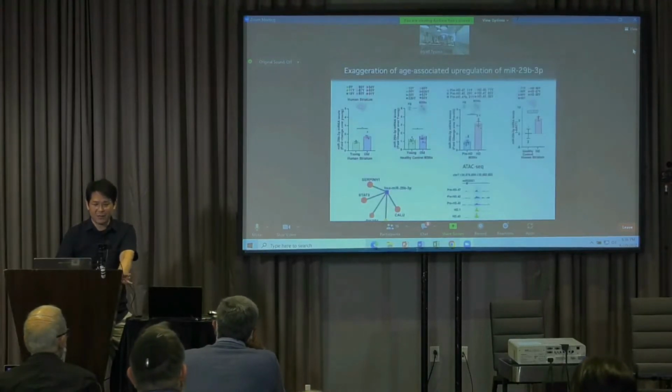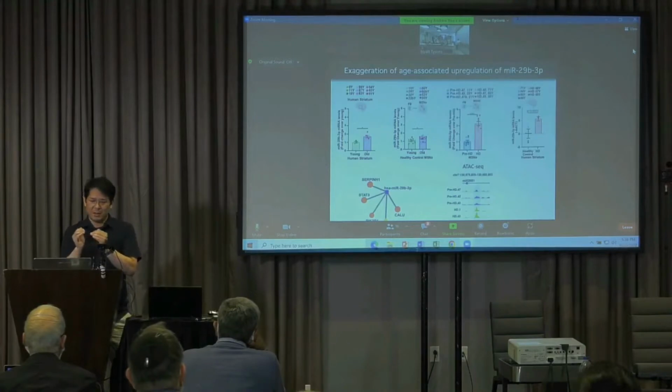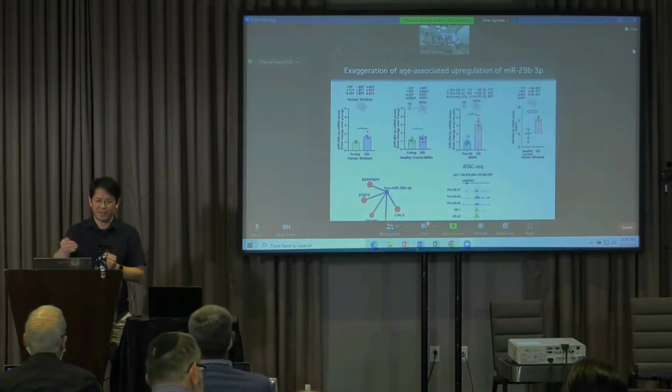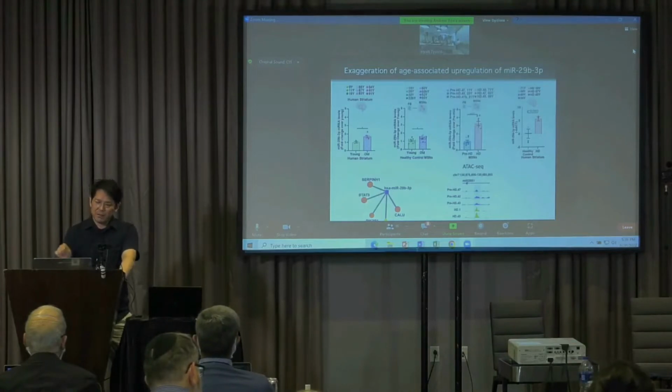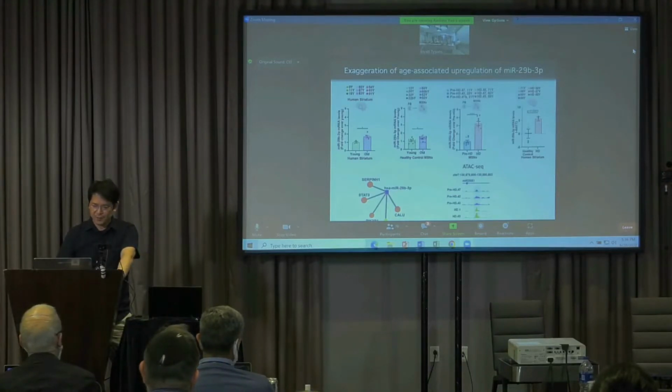This is a very interesting microRNA because with aging in the brain, it goes up a bit. But in the context of Huntington's mutation, the upregulation of this microRNA is quite drastic. It becomes exaggerated. And it's important because it appears to be upstream of a lot of genes in the Brown module.